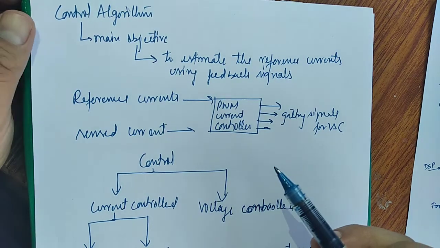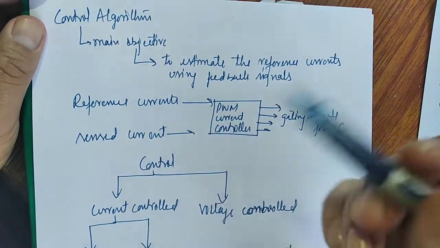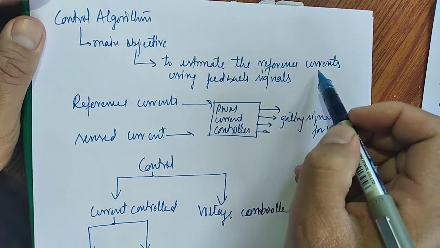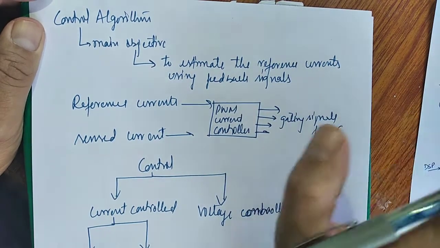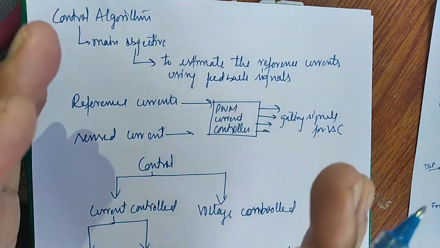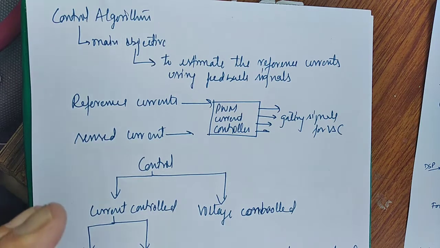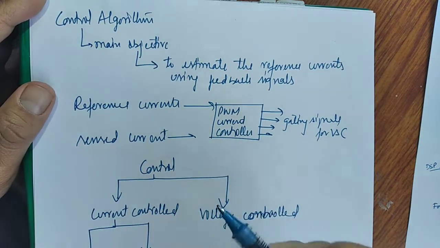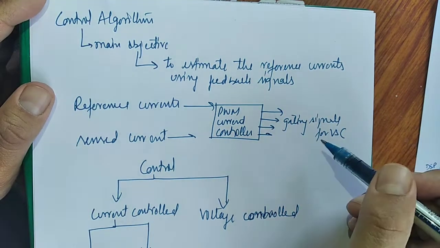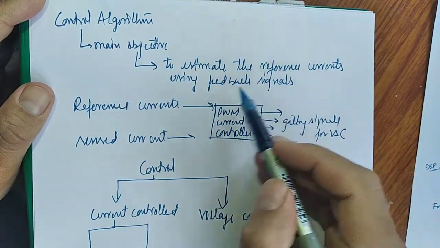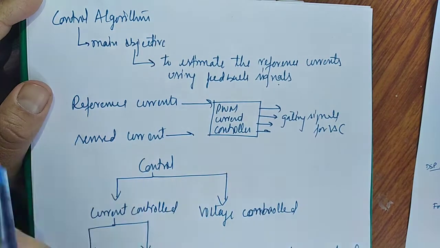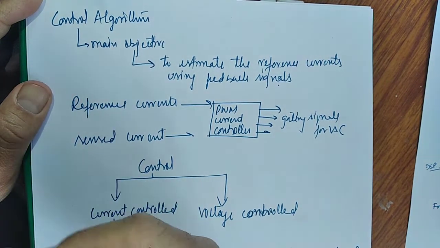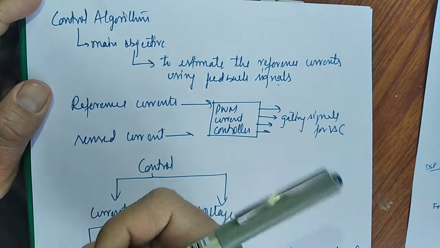So our main objective of the control algorithm is to estimate reference currents using feedback signals. We have to generate the reference current so that we can compare with the actual signals, and we will generate pulses for the VSC. Already discussed what are the various feedback signals for different systems, single phase, 3 phase systems.